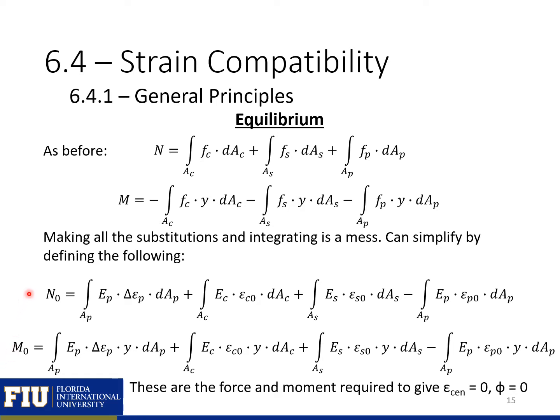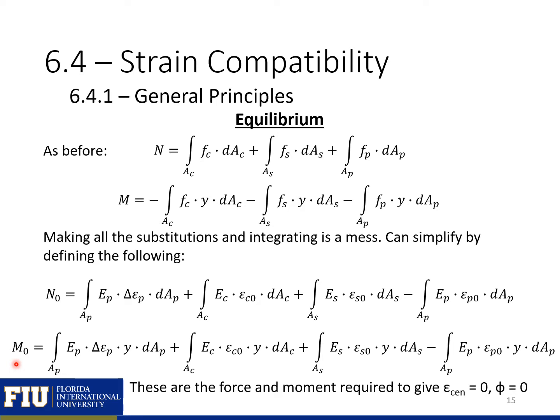N naught is our decompression force. This is the force required to return our section to zero strain at the centroid. So our pre-stressing is going to deform the section and cause an initial strain at the centroid. So this decompression force is the force required to counteract that initial strain at the centroid. The decompression moment here is the moment required to return the section to zero curvature.